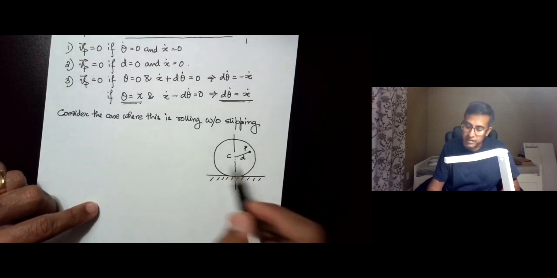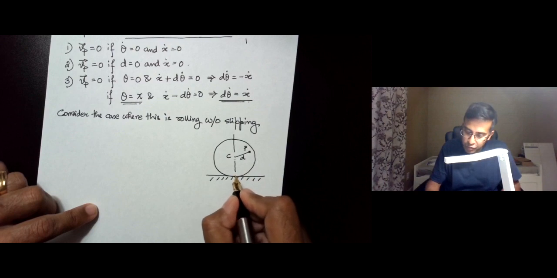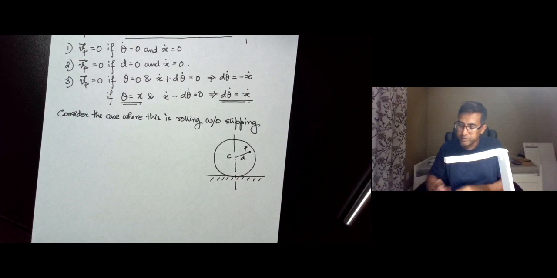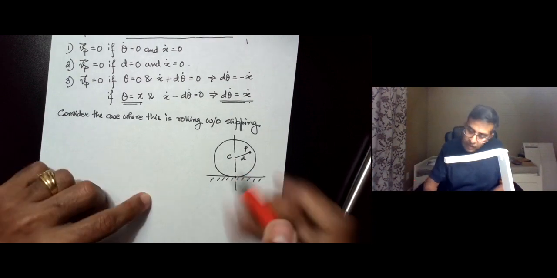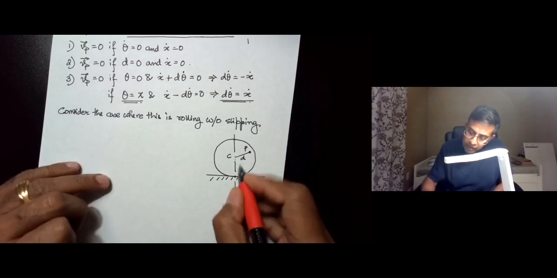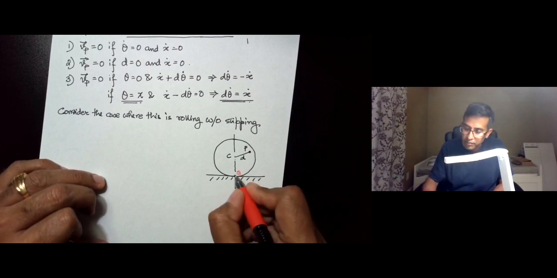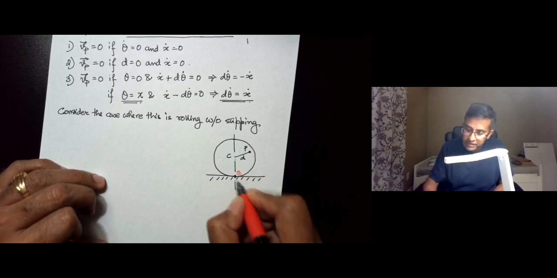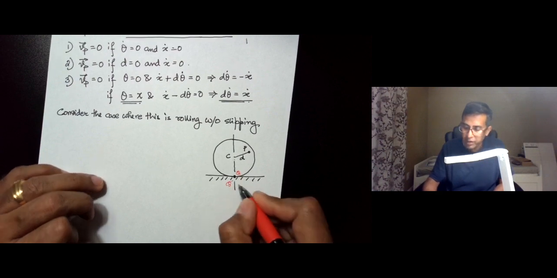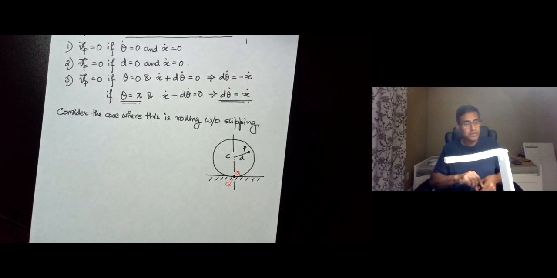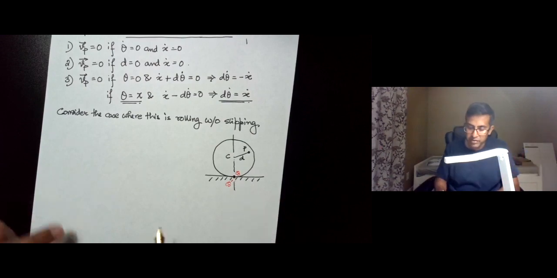Now consider the case when the disk is rolling without slipping. Consider 2 points. A point Q that is on the disk, okay, but at the contact point between the disk and the ground, and a point Q prime, which is on the ground at the contact point between the disk and the ground.